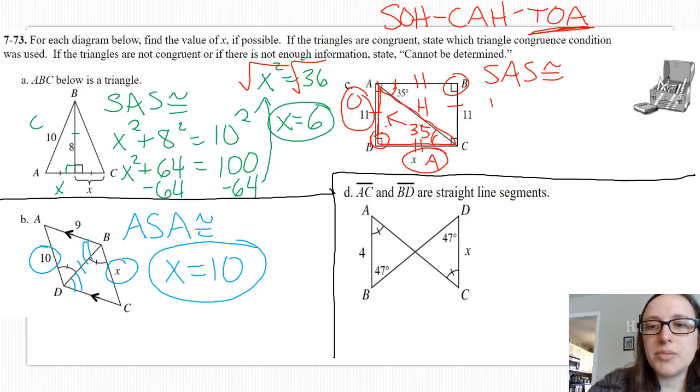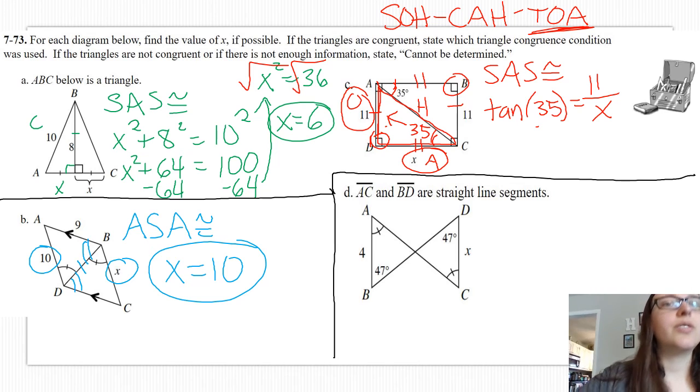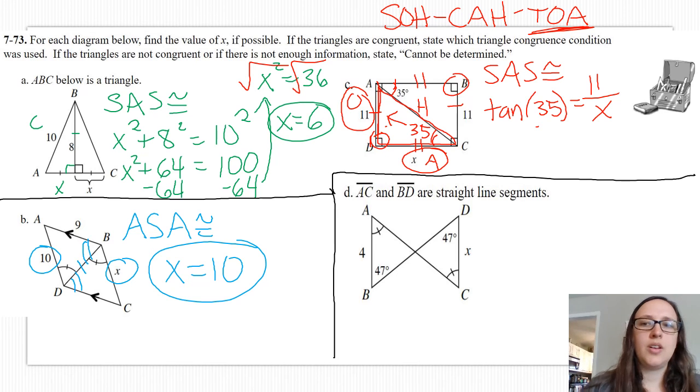So I'm going to set this up: tangent of the angle, which is 35, equals opposite over adjacent. Remember, it goes in order. That's why the memory device is really nice to use. 11 opposite over adjacent x. All right, so from here, we are going to put tan 35 in our calculator, and I got about 0.7.